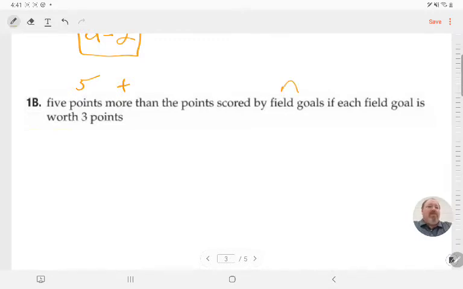And we know that the field goal is worth 3 points. So we could say 5 plus 3N. So 5 more than 3 times the number of field goals that was scored. All right, good job.